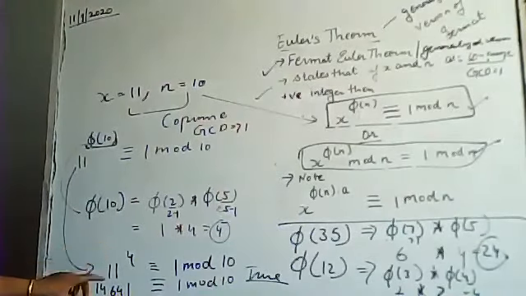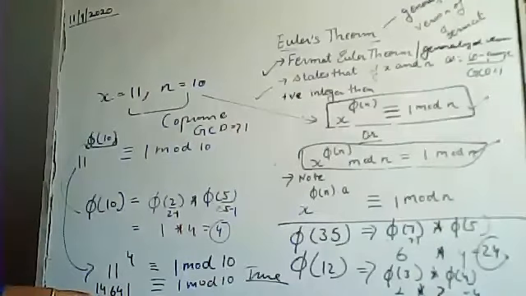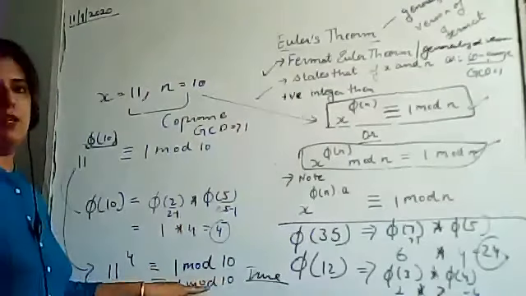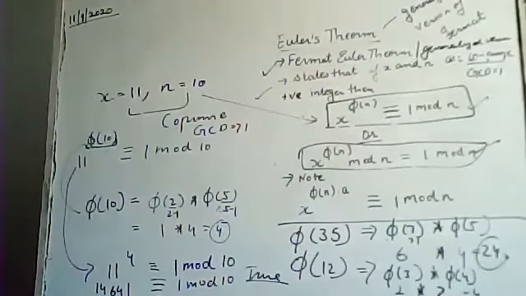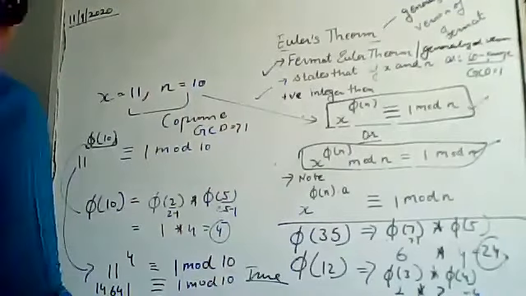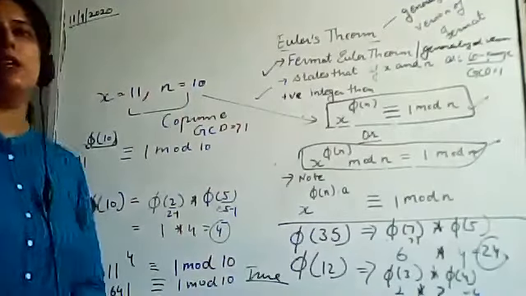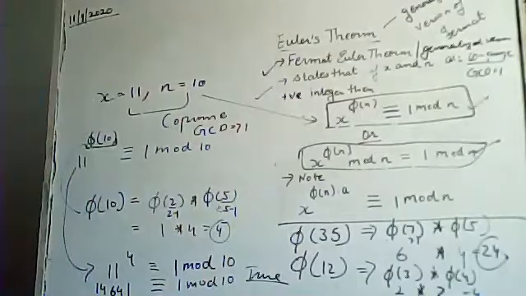Clear? So 11 raised to power 4 is this particular value, and we have 1 mod 10. So 1 mod 10, what will be the answer? We will be getting remainder as 1. And again if we divide 14641 by 10, we will be getting remainder 1. So that means both sides are equal.